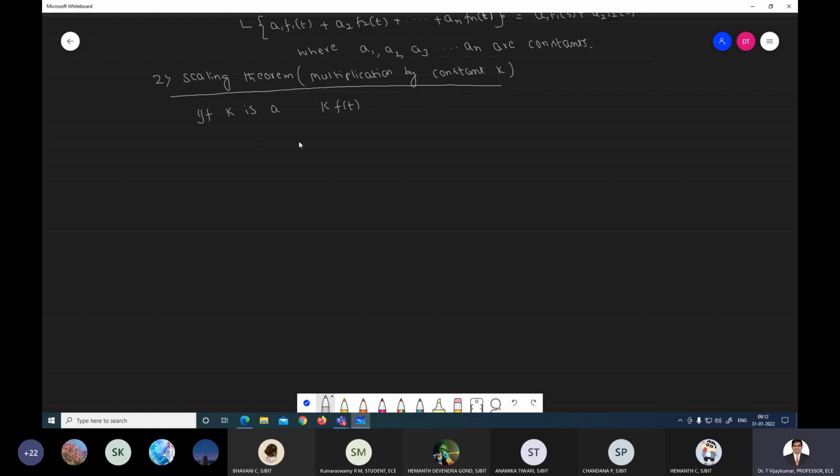That is, Laplace of k f(t) is equal to k into F(s).